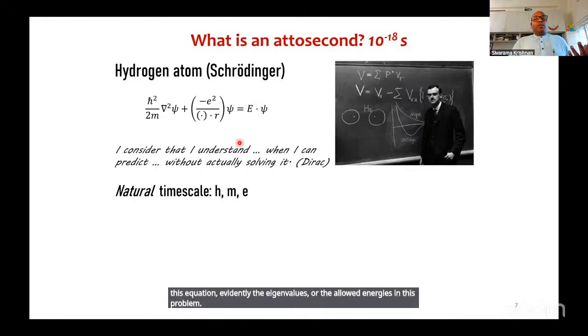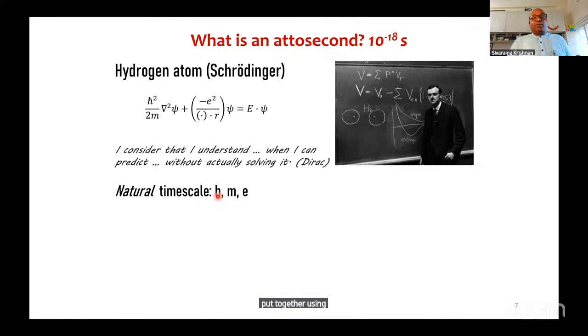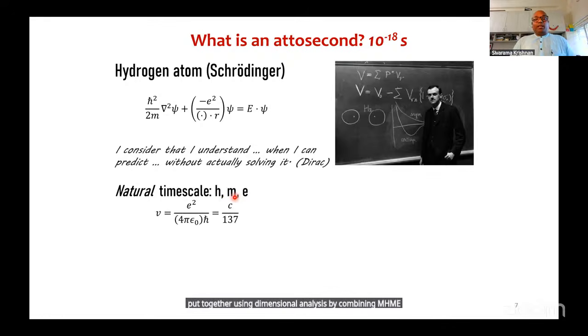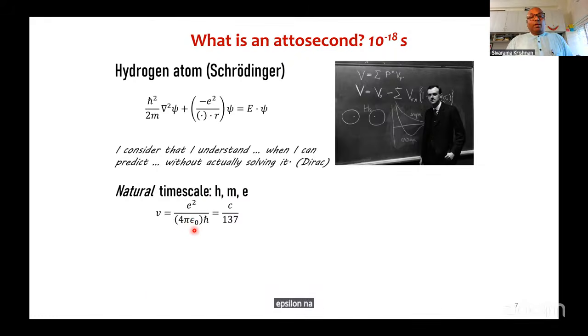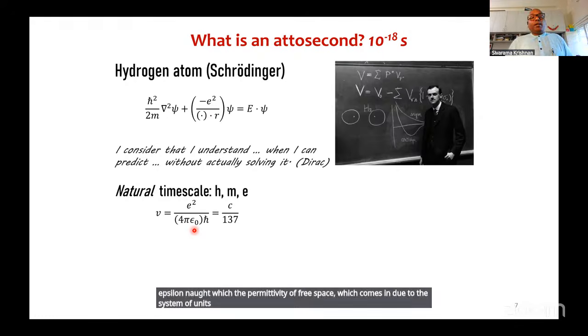So the natural time scale for this problem is set by deducing a time which I can simply put together using dimensional analysis by combining m, h, e, and possibly epsilon naught, which is the permittivity of free space, which comes into the system of units that I'm using. And the velocity of the electron was the in vacuo speed of light divided by 137.